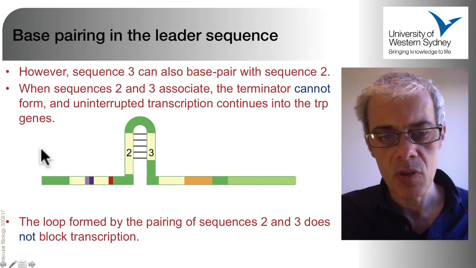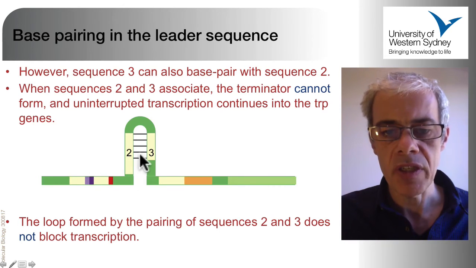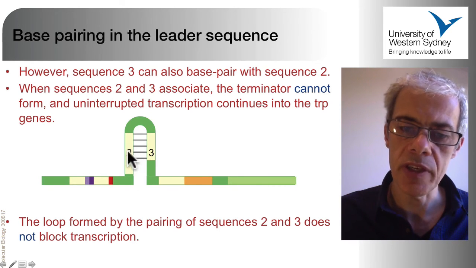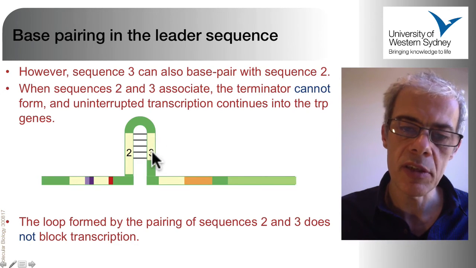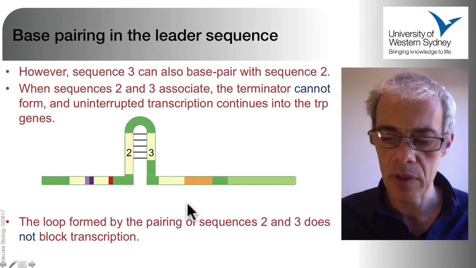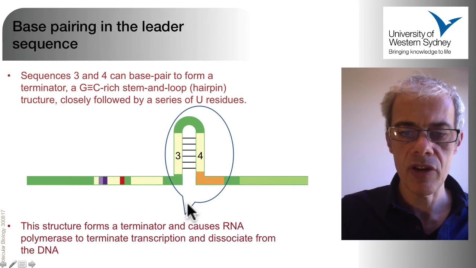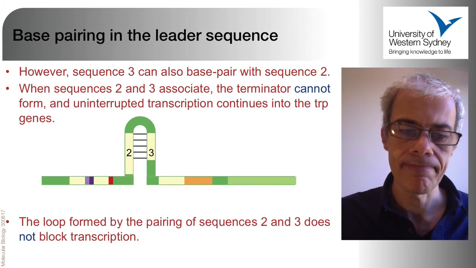Something happens when the ribosome is translating here, which affects whether the hairpin forms between 2 and 3 or 3 and 4. Clearly, if 3 is bound to 2, then 3 can't bind to 4, and therefore you can't get this structure. You get either one or the other.